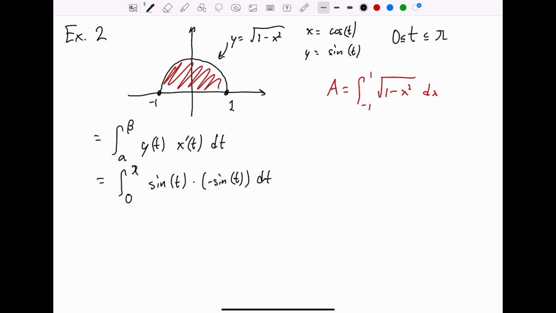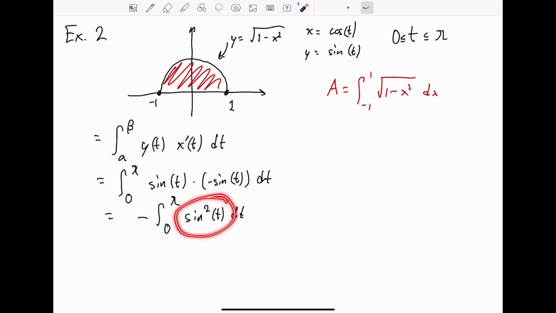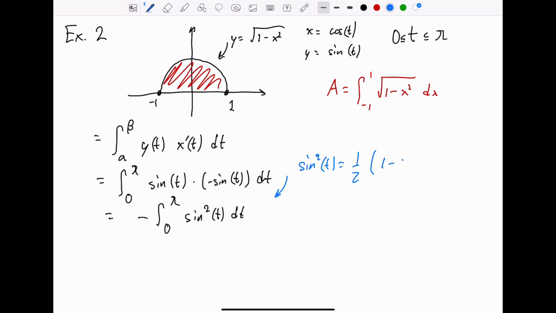dt. So positive sine times negative sine, we have a negative. So I'll take the negative out front. We're integrating from 0 to pi, sine squared of t dt. Hopefully this integral looks familiar. We can solve this using a trigonometric identity. Sine squared of t, in this case, equals 1/2 times (1 minus cosine of 2t).